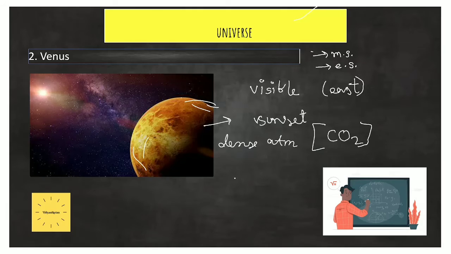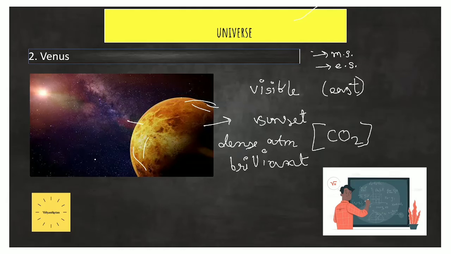This carbon dioxide reflects a tremendous amount of sunlight, and that's why it shines very much, and that's why it is also known as a brilliant planet.